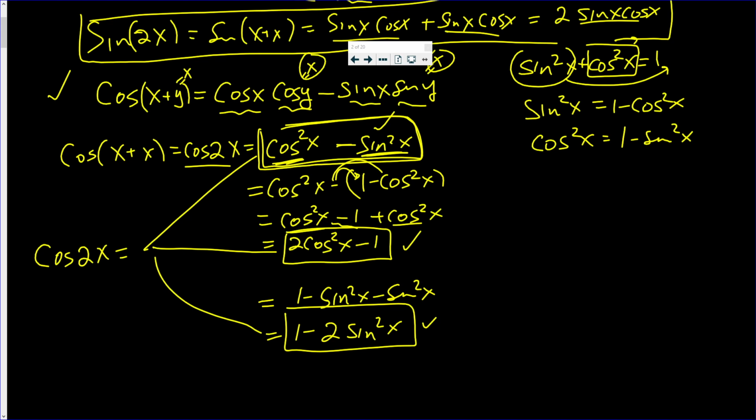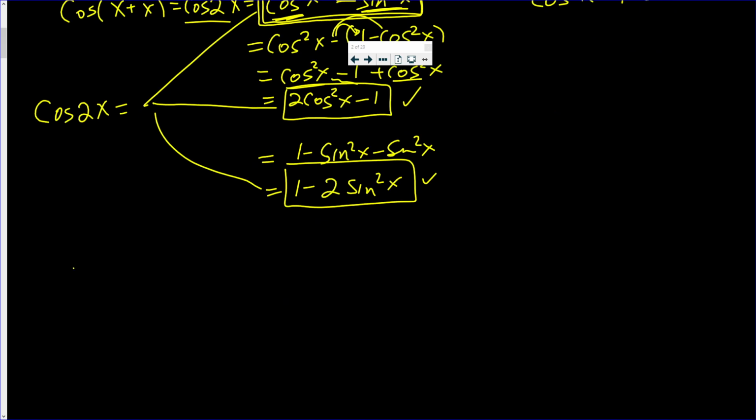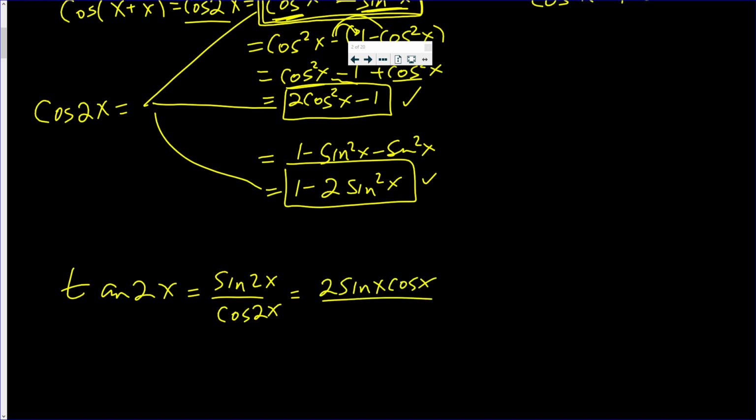Now, the tangent of 2x, well, that's just the sine of 2x over the cosine of 2x. Sine of 2x is 2 sine x cosine x. And one way of writing cosine 2x is cosine squared x minus sine squared x.